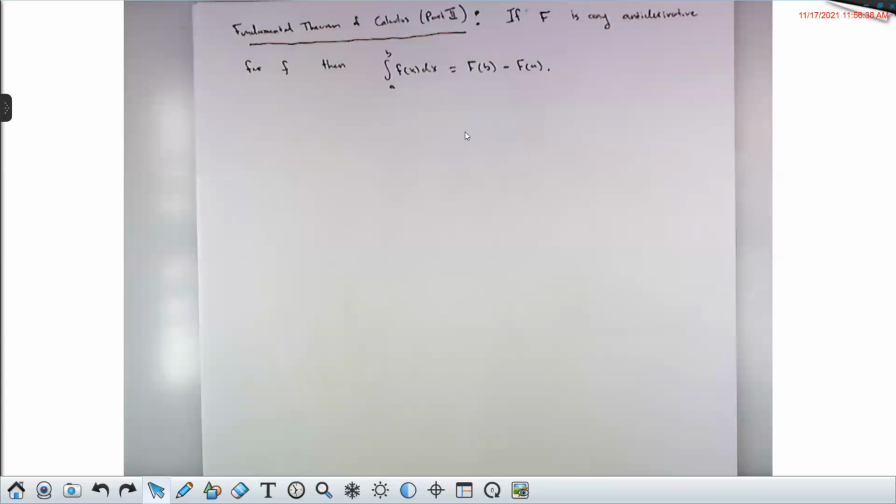And this is the main tool you'll use to evaluate definite integrals moving forwards.